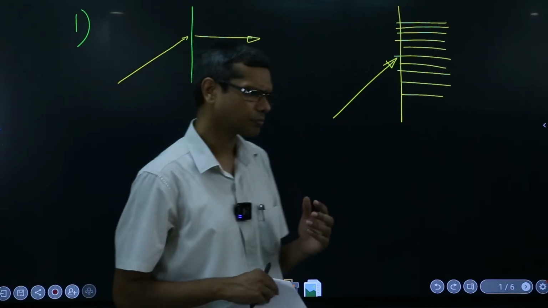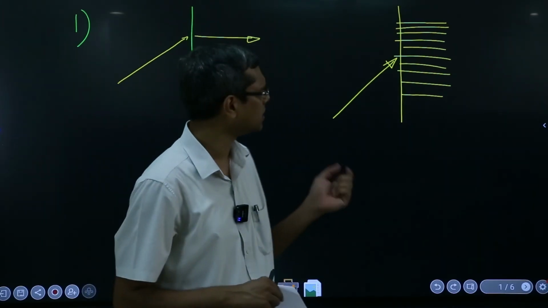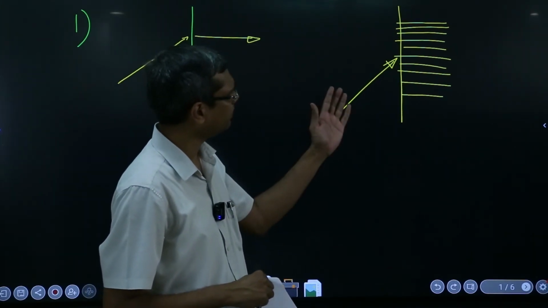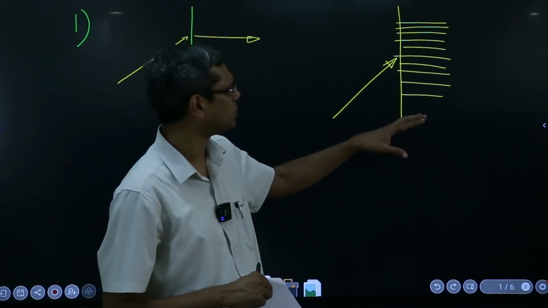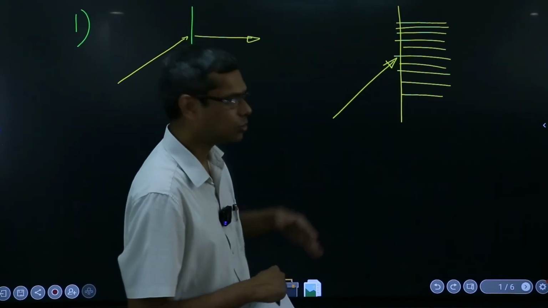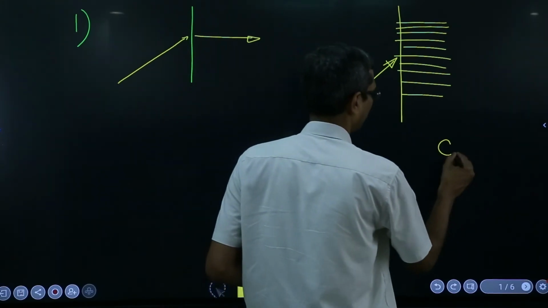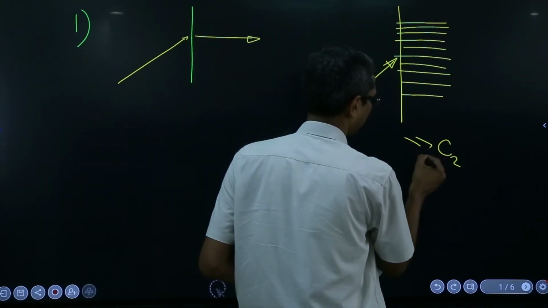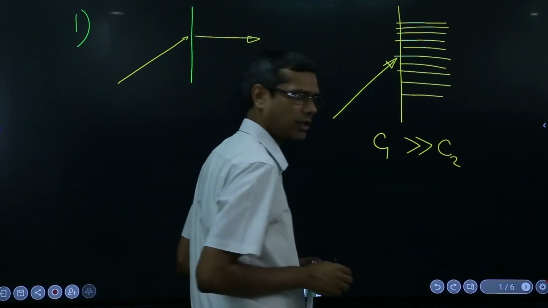Another one is, suppose the solid is such that the wave speed C2 is very small as compared to C1.